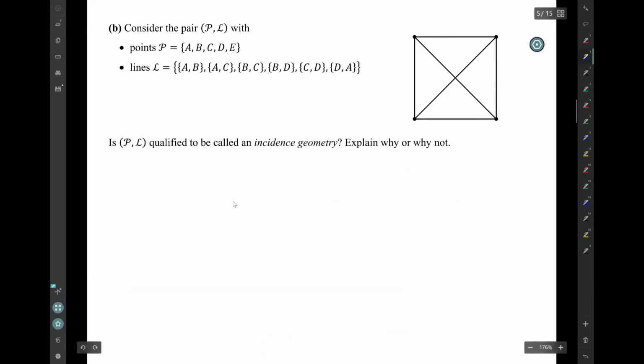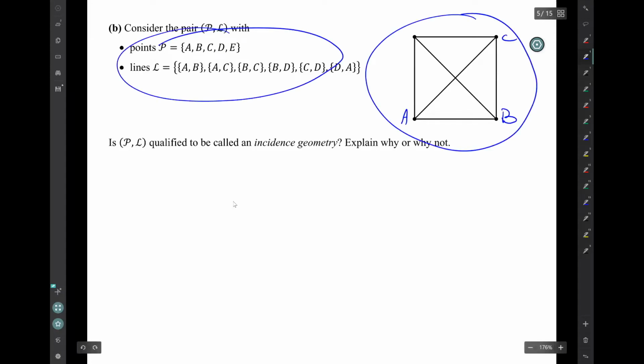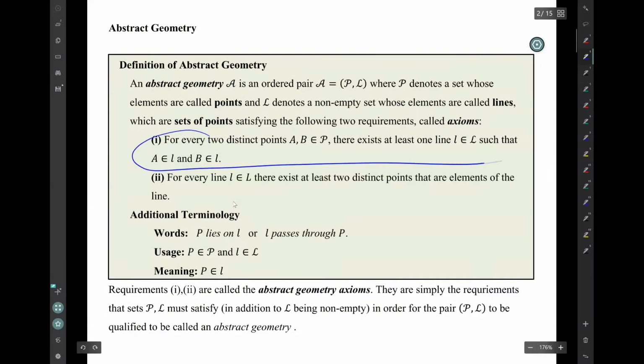Question B, consider this pair, illustrated this way. Is this qualified to be an incidence geometry? Well, remember from the previous video, this is an abstract geometry. Let's remember the abstract geometry axioms. For any two distinct points, there exists at least one line that they both lie on.